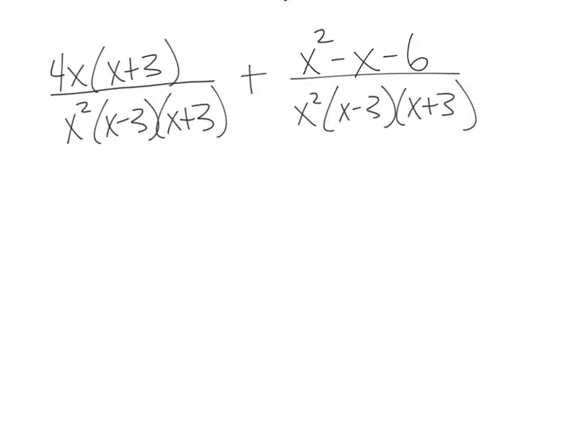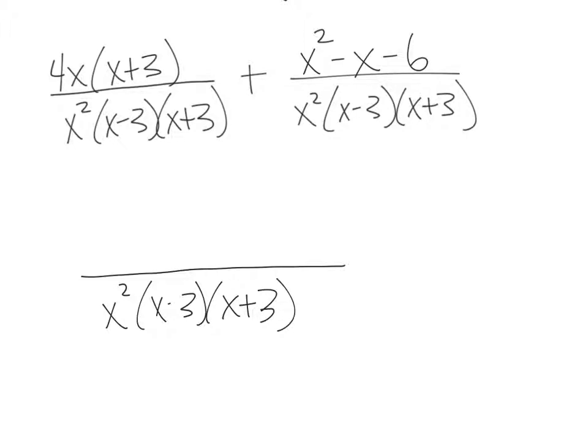What I'm going to do now is distribute my 4x squared, and then I'm going to write this all as one fraction so that I can combine all my like terms. They have the same denominator, even though it's a really big, long denominator, they are the same. So I'm going to copy them back down. And I'm going to distribute my 4x on the left, so that makes 4x squared plus 12x.